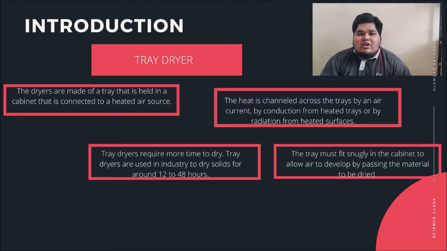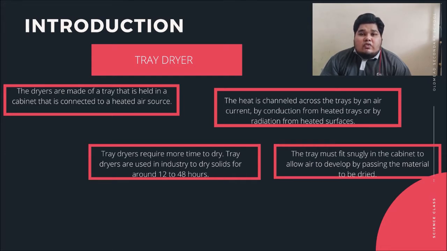Tray dryers are commonly used in many industrial applications. The dryers are made of a tray that is held in a cabinet that is connected to a hot air source.